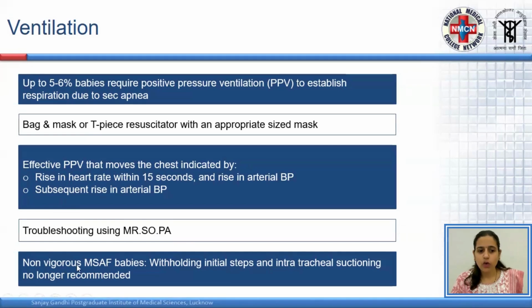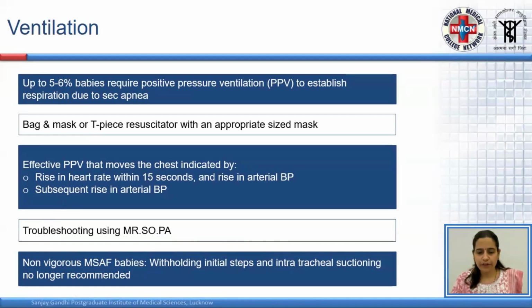Now, regarding the non-vigorous meconium-stained amniotic fluid babies, for many decades we have practiced tracheal suctioning and avoiding the initiation of positive pressure ventilation in babies with meconium-stained amniotic fluid.